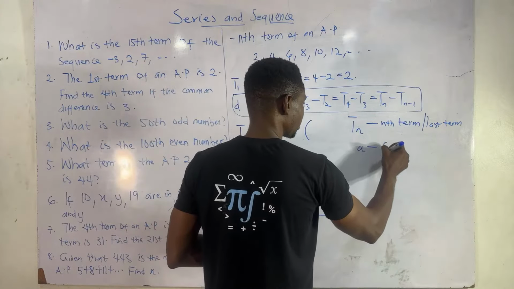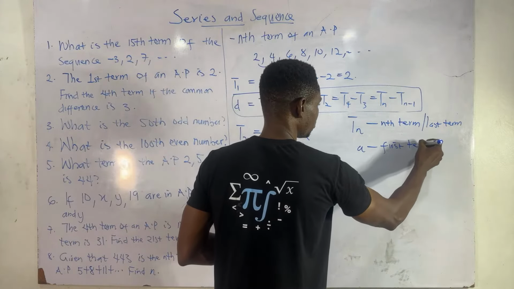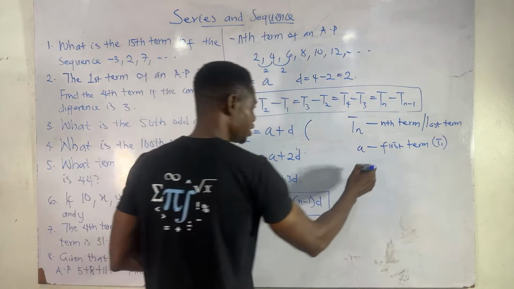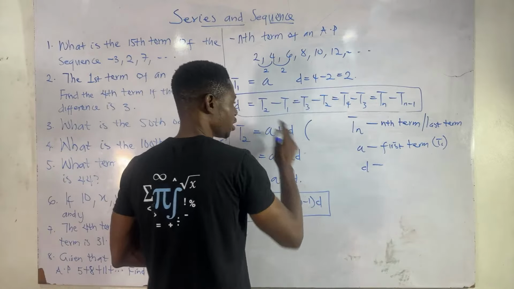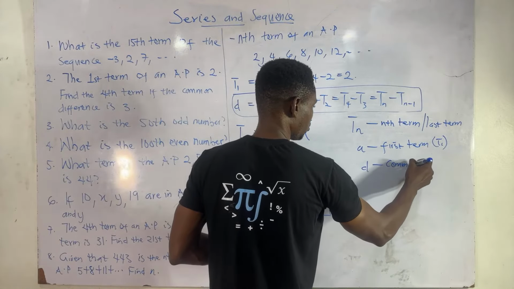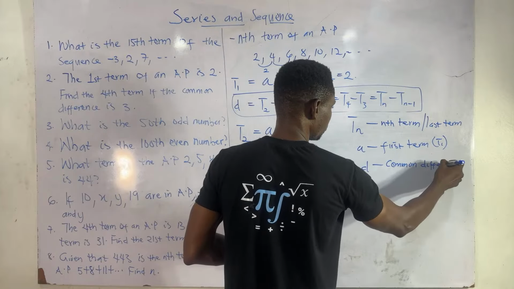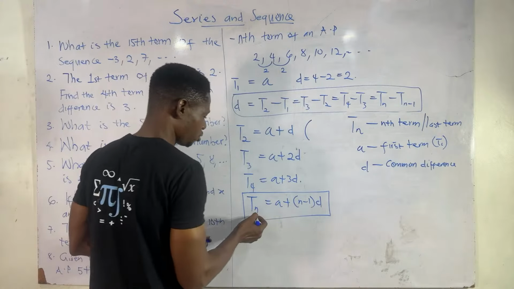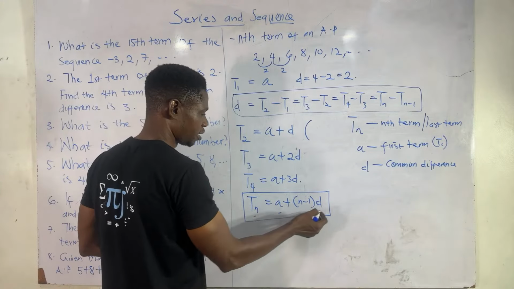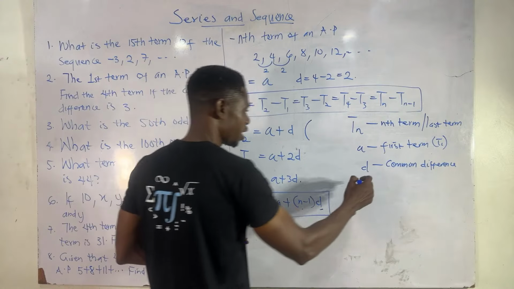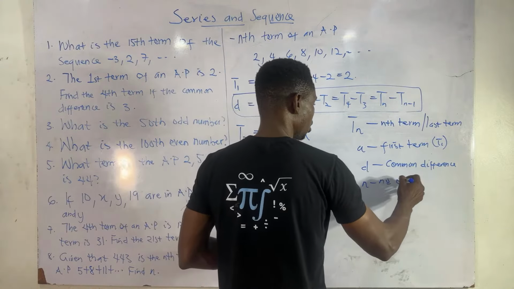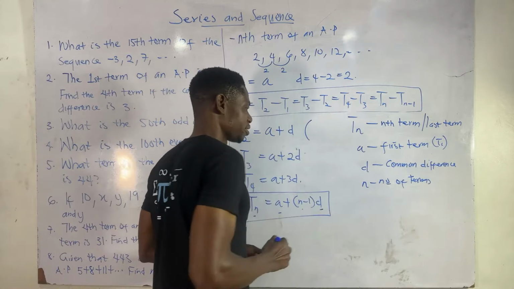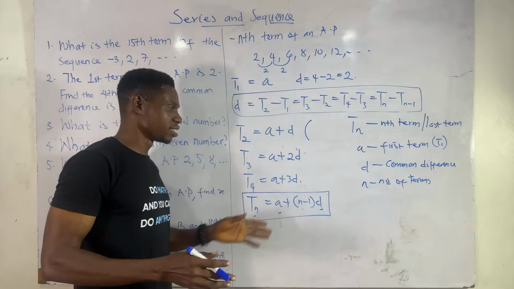We have established that as the first term, which is T1, right? What is D? Already established as the common difference. And then N. So we've looked at Tn, A, D, now N. What is N? N is the number of terms that make up that Tn.